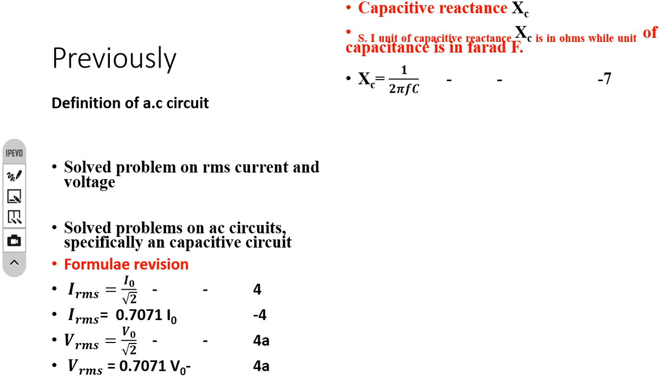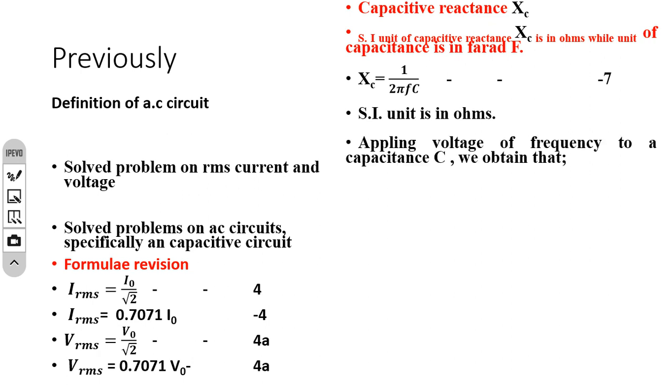So you see that the capacitive reactance is the inverse. Here we have 1 over 2 pi FC. Unit is in ohms. Applying voltage of frequency to the capacitance C, we obtain V equals IXC. Look at equation 7. The unit is in ohms. This expression is gotten from Ohm's law, V equals IR. But in this case, we are not using a resistor, so that place is being replaced with the value we would obtain for capacitive reactance XC.